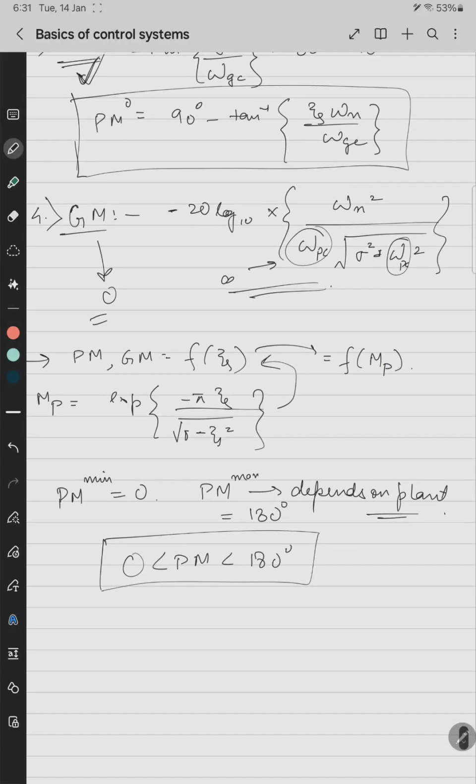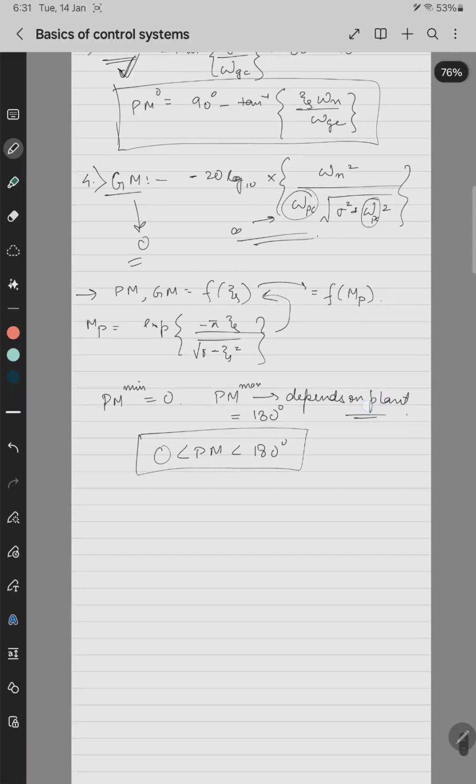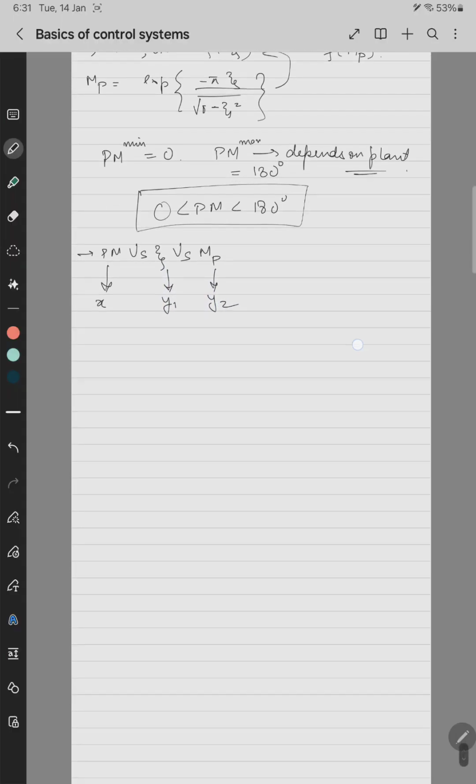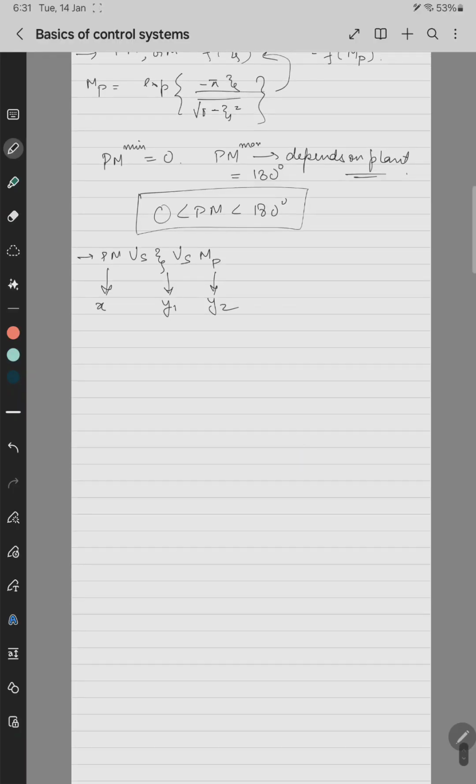If we set a range of phase margin and want to plot phase margin versus zeta versus MP, phase margin will be on the x-axis, zeta on the y1 axis, and MP on the y2 axis.